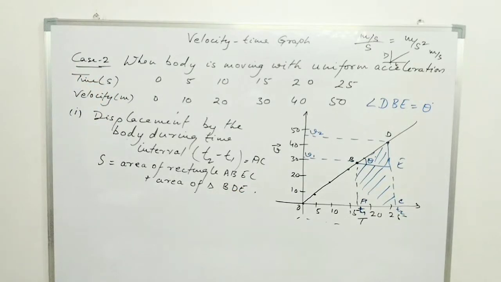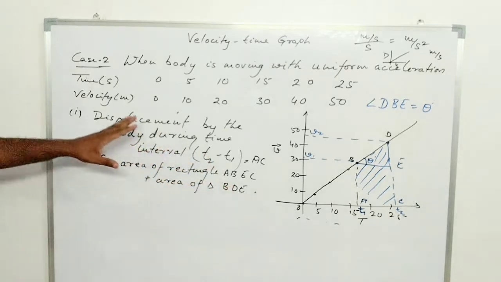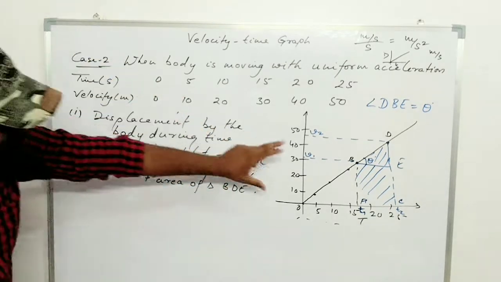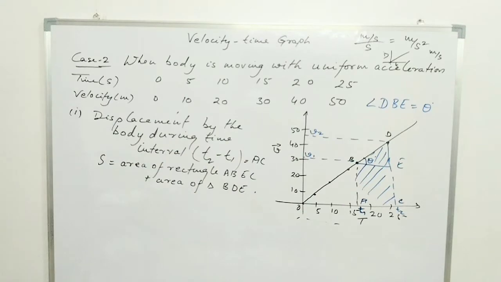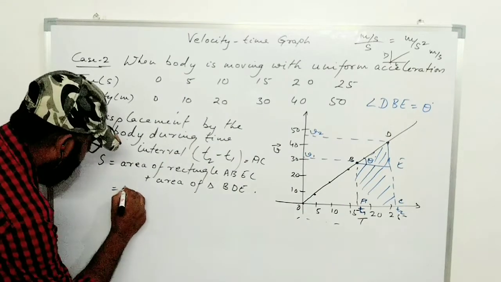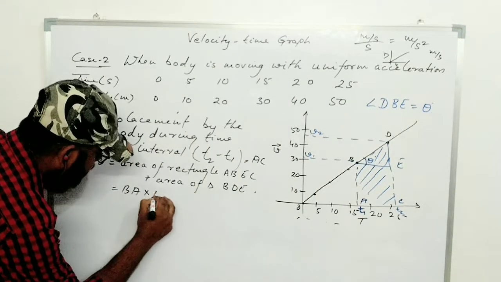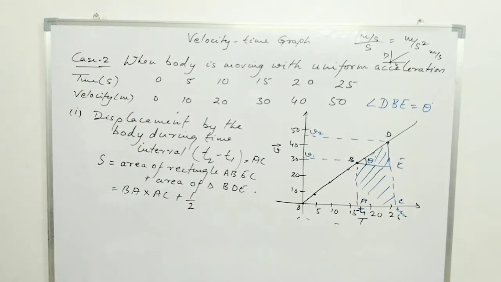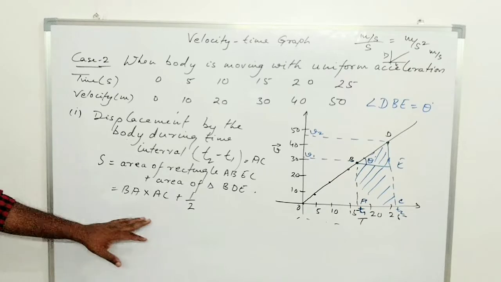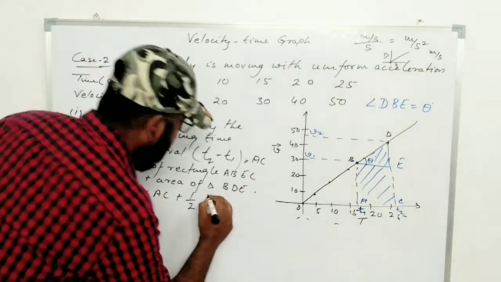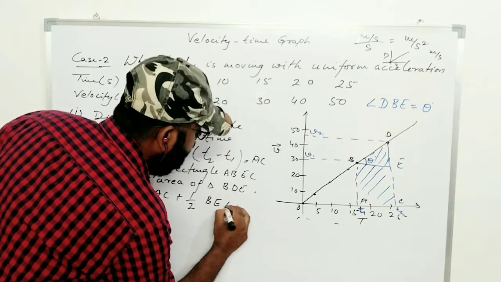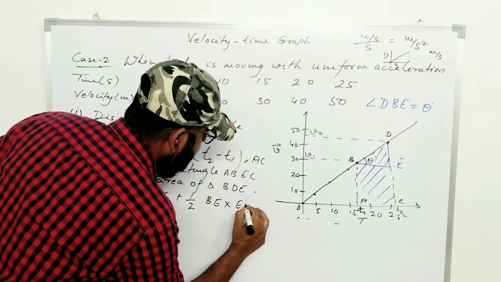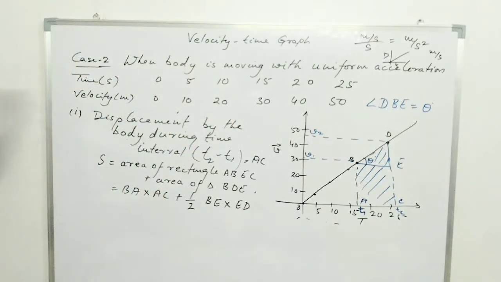Okay, so put the value. Now area of a rectangle, same, AB into AC, we can write that AB into AC plus half area of a triangle. What is the area of triangle? Half into base into height. What is base? BE into ED or DE.